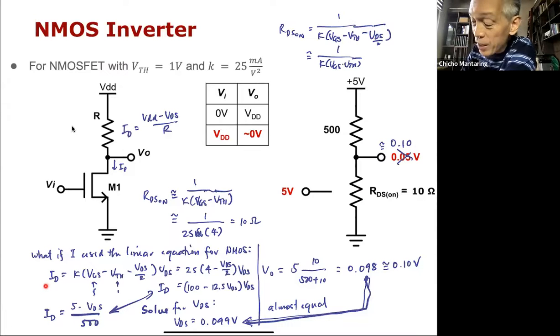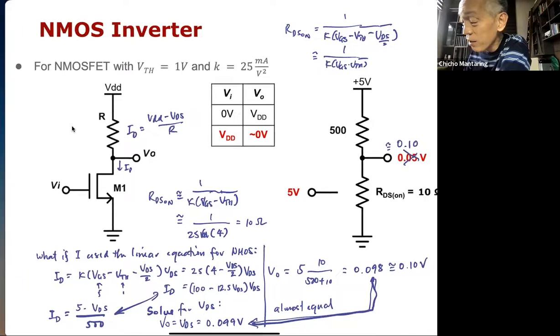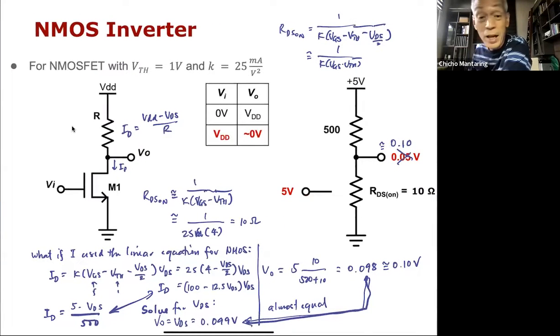With the actual linear equation, we came up with VDS, which is VO, equal to 0.099. Kita mo halos pareho. This is a very good approximation, but only when VDS over 2 is very much smaller than VGS minus VTH.